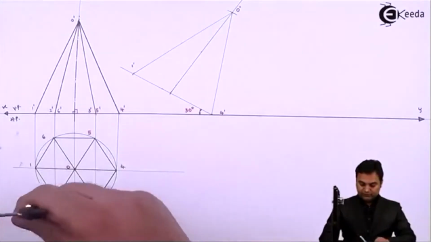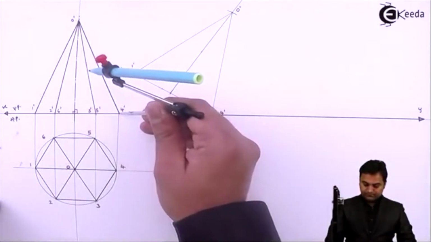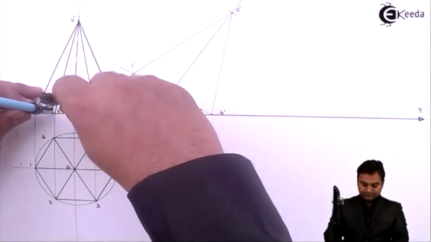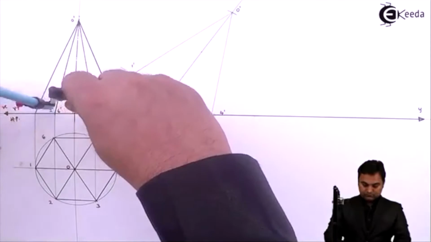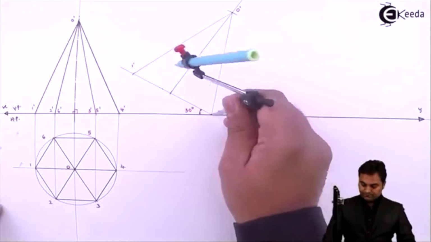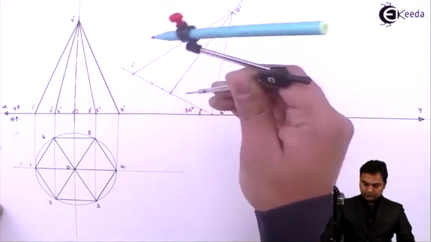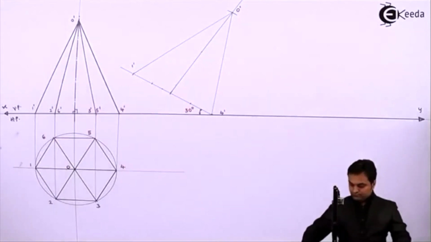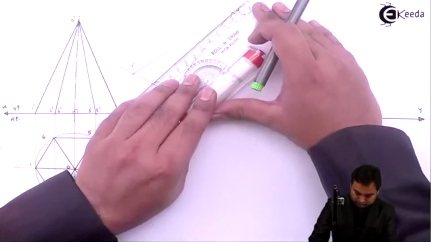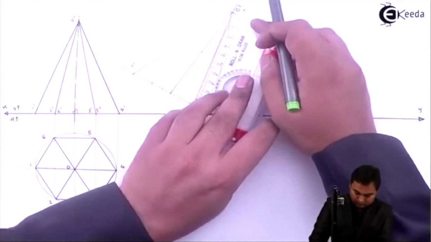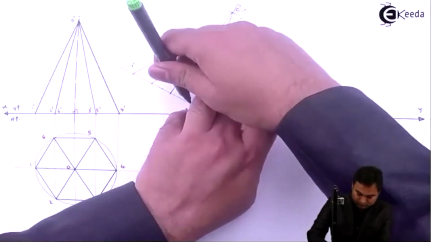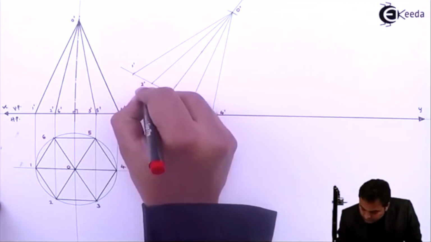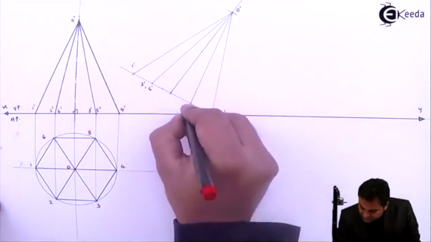So from point 4, I'll measure the distance up to 2 and 6, marking it over this base. Two dash and 6 dash.